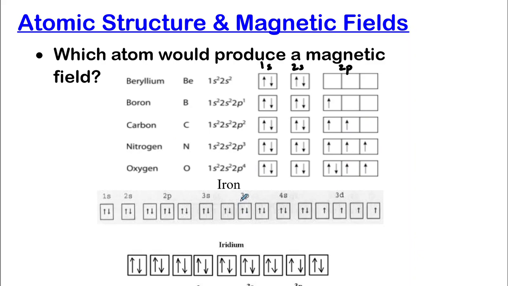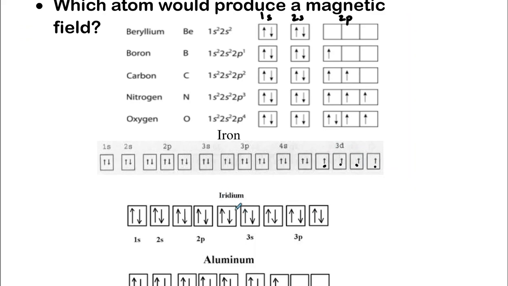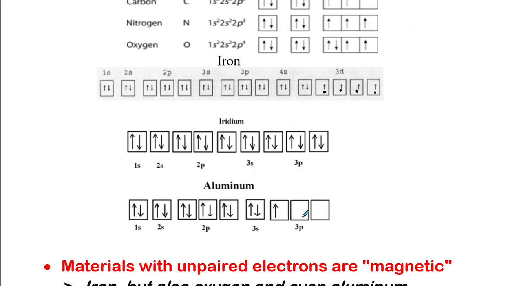Iron, which is maybe the thing we're most familiar with acting like a magnet, right? Iron nails, even the magnets we've been using in class have been made of iron, has 1, 2, 3, 4 unpaired electrons, so it can fairly easily act like a magnet. Other atoms like iridium are completely filled, so it doesn't become that. Even aluminum, right?